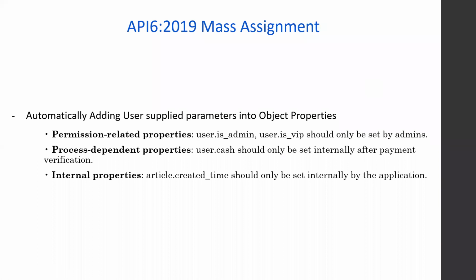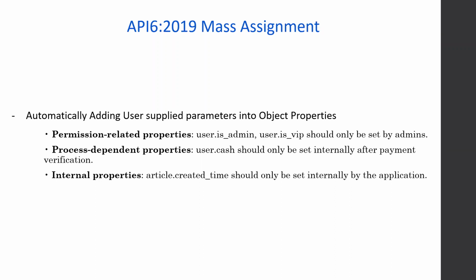Mass assignment, API 6. This is one of my favorite categories, where at the time of object creation, what developers do is, in real case scenarios, there is a lot of data coming in from the user.